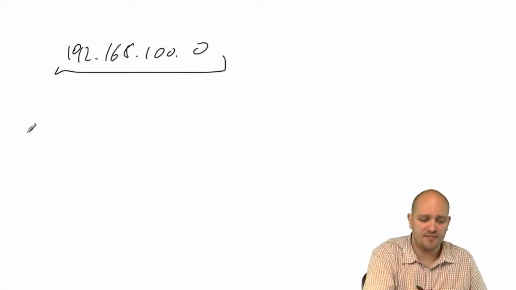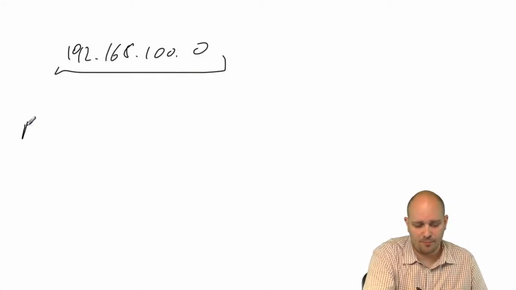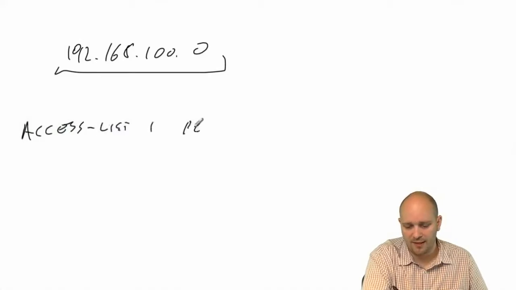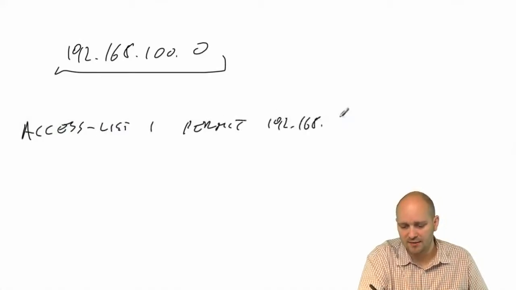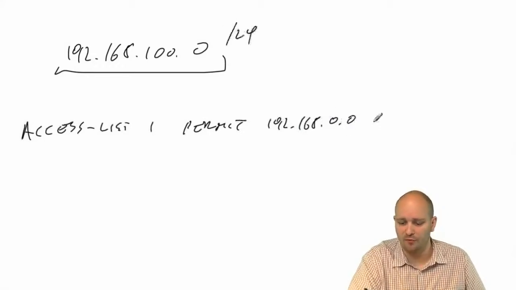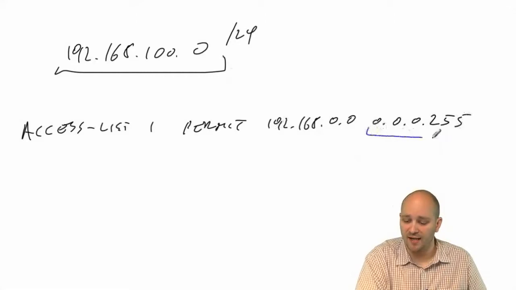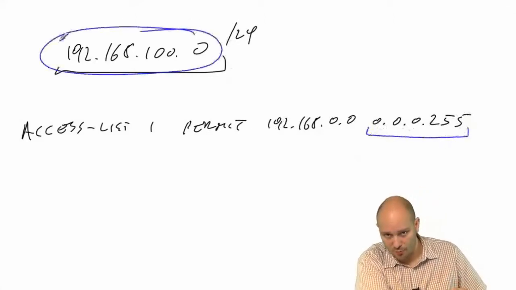And very often I've seen students write the access list that says, for example, access list 1 permit 192.168.0.0, and because we said that we want to filter /24, they usually write something like this. Now, this would be a perfectly fine traffic filter for the traffic coming from hosts from this network.